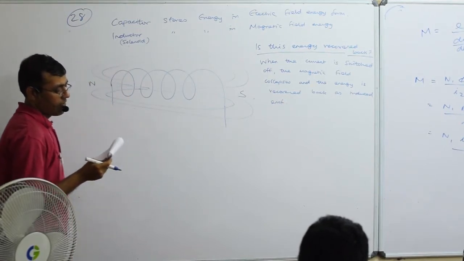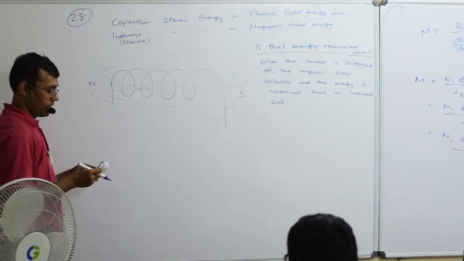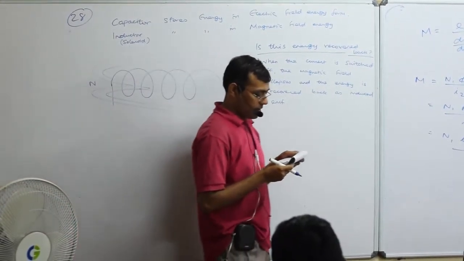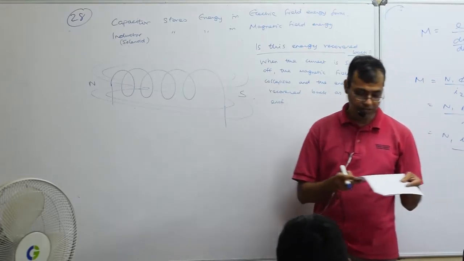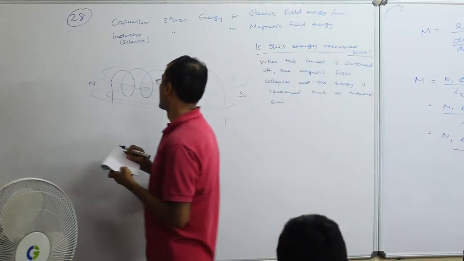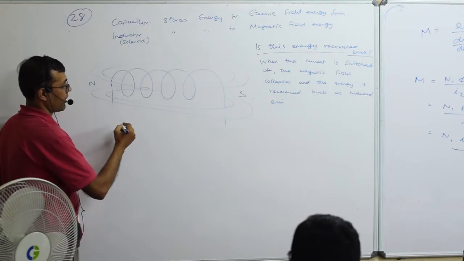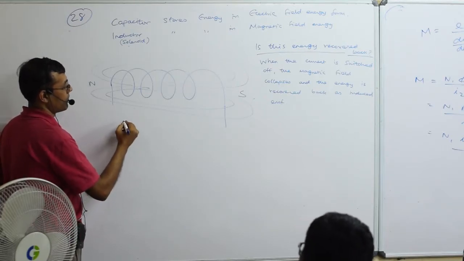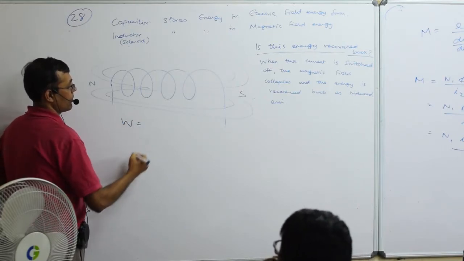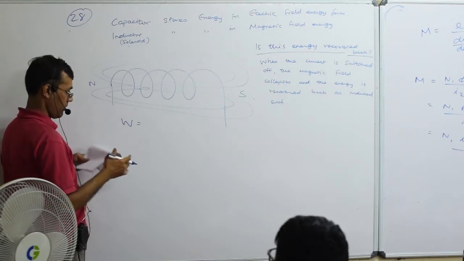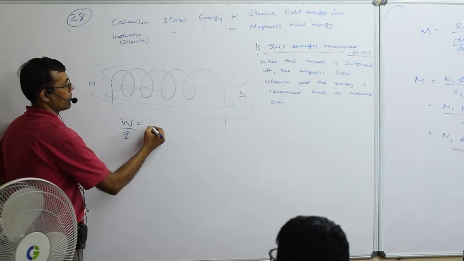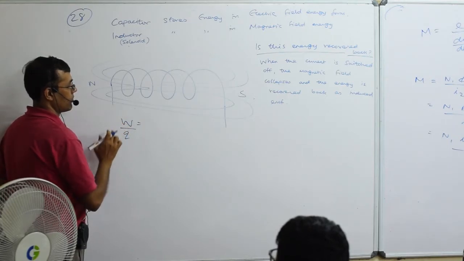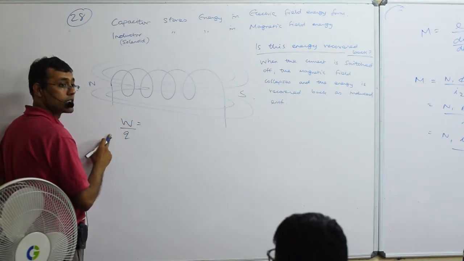Then it says derive an expression for the energy stored in the coil inductor in terms of L. This derivation is very simple. As I said, the starting point is very important. W is the work done; work by charge, coulomb, is your voltage, right?